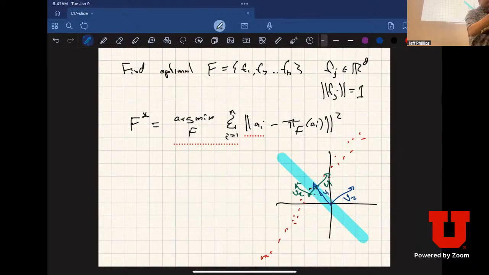Okay, so to solve this, we need to apply principal component analysis instead. And there's kind of one step first.